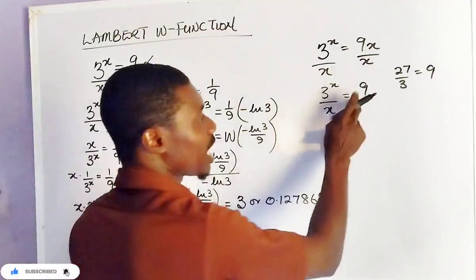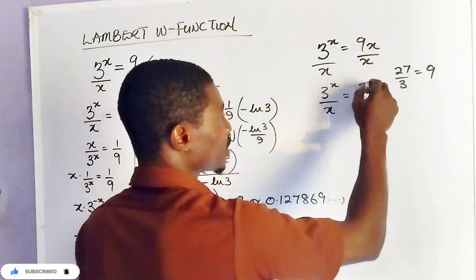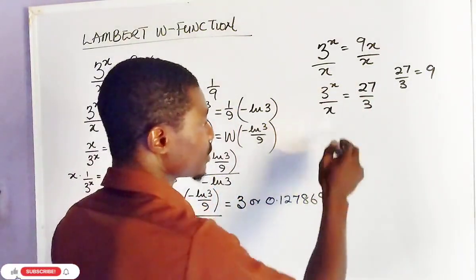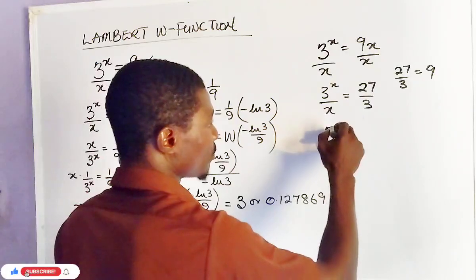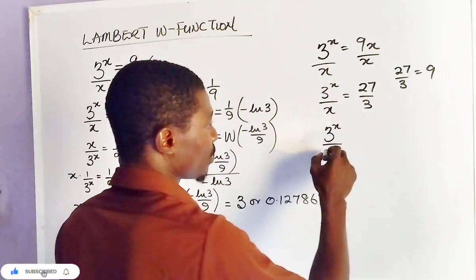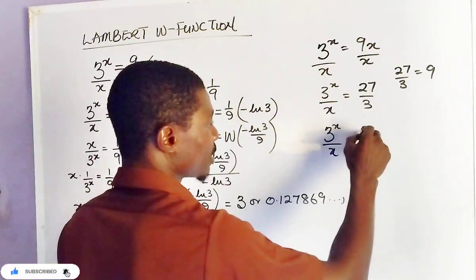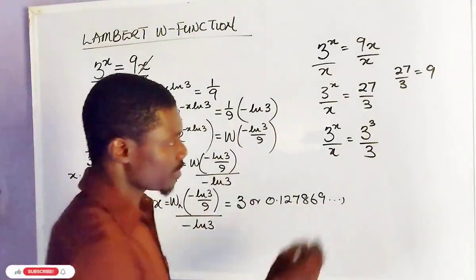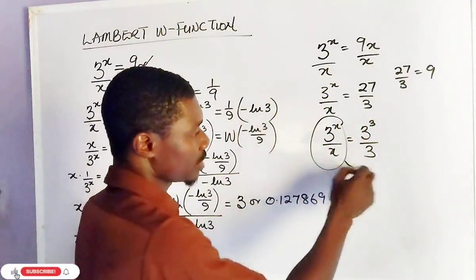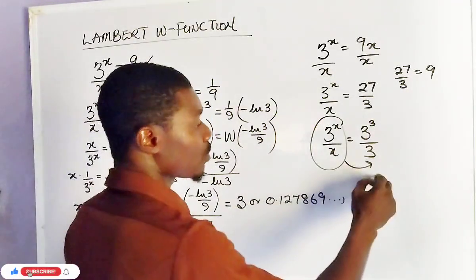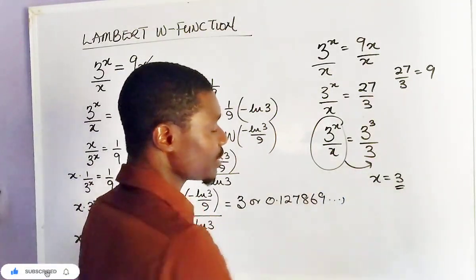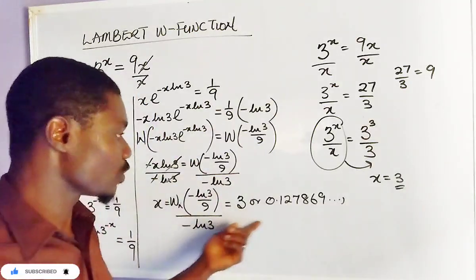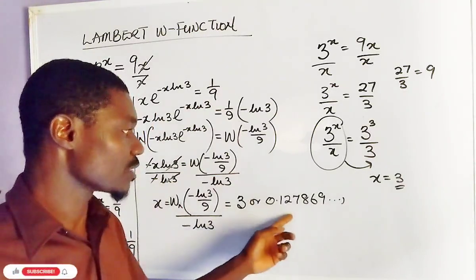Let us now replace 9 with 27 all over 3. Now let's raise this to the base of 3. So here you have 3^x all over x equals 3 raised to the power of 3 all over 3. Now you can see that there's similarity between the left hand side and the right hand side, so you can conclude that x equals 3.